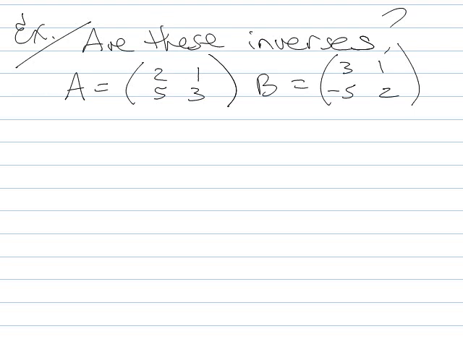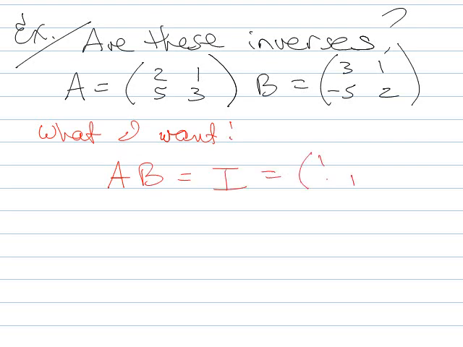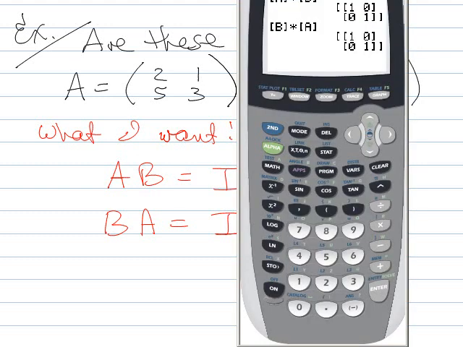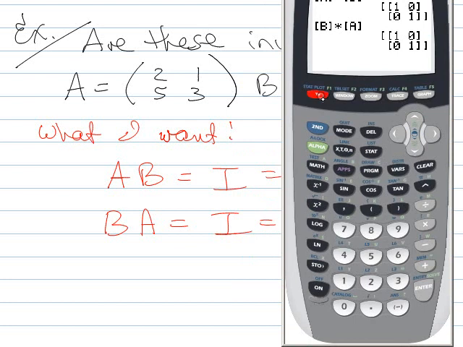And I'm going to go ahead and say what I want is I want A times B to be equal to the identity matrix, and these are the same size, so we know that's going to be the same size. So we want this, like that. All right. So let me stick this in my calculator.